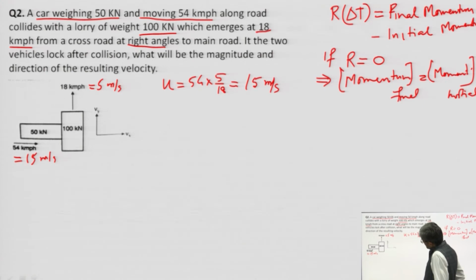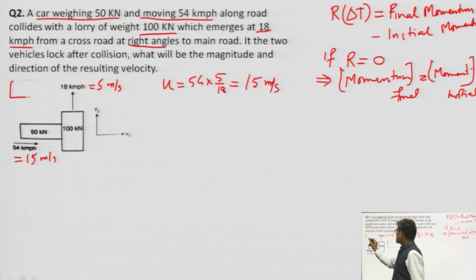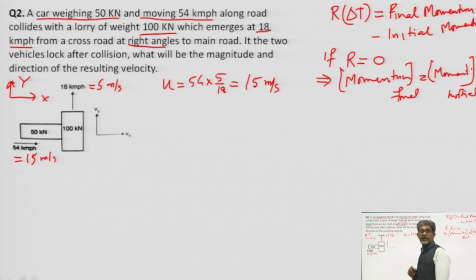Look here, one vehicle is moving in the x direction, means horizontal direction, and another is moving in the vertical direction y. It means this is a two dimensional motion.